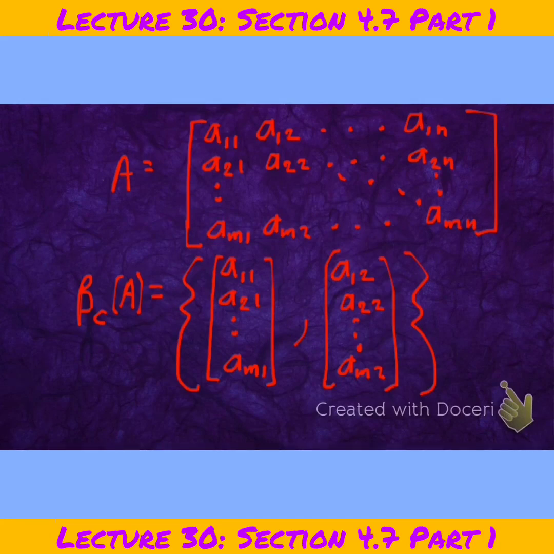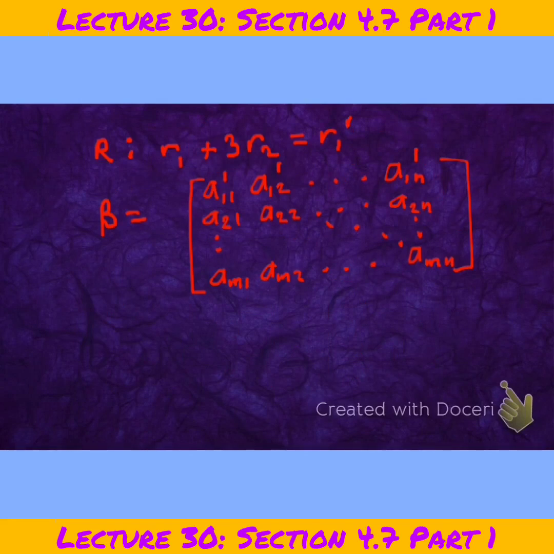Alright, so there we've got our matrix A, and let's just assume for argument's sake that the first two columns of the matrix A form a basis for the column space of A, and we call it B subscript C. All right, and there's our matrix B.